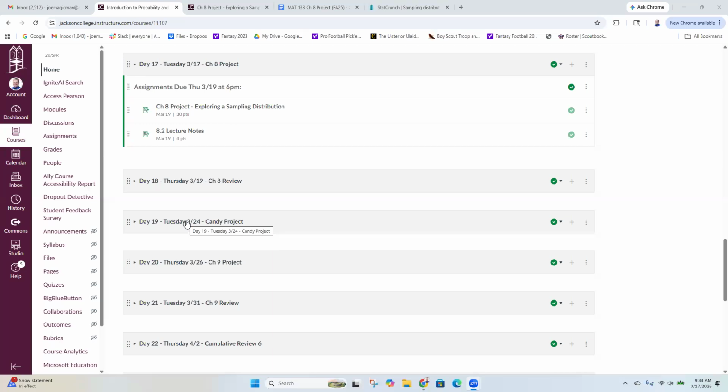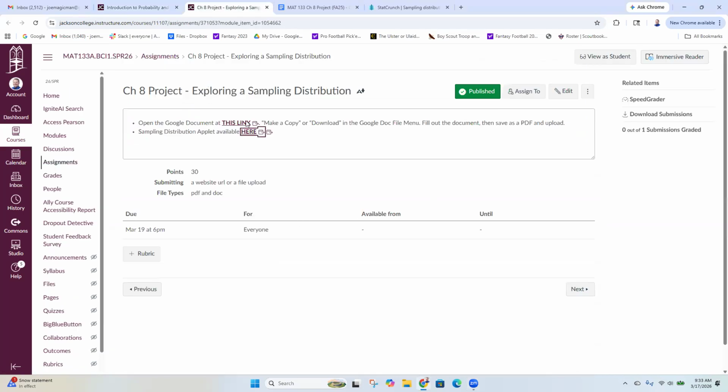The Chapter 8 project is about sampling distributions and the central limit theorem. We're going to go to Canvas and click on the Chapter 8 project. There are two links that you'll need. The first is the Google document, which is where you're going to put all your answers.